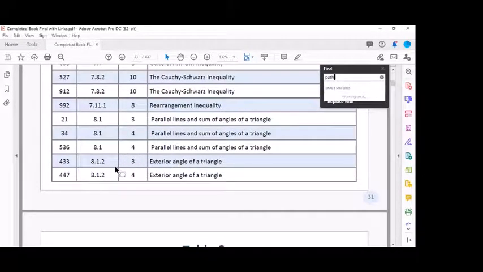Now, all the problems involving exterior angle of a triangle, they are numbered here. 433 is a problem which uses that, 447, and so on. And this 8.1.2 is the lesson which deals with exterior angles. So you can go to that lesson and know everything about it. And these numbers here will tell you how to get to a problem like this.